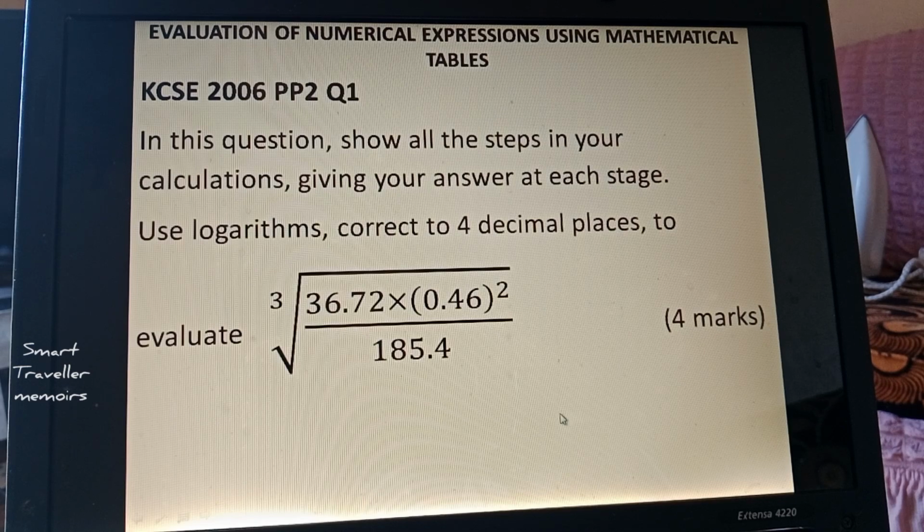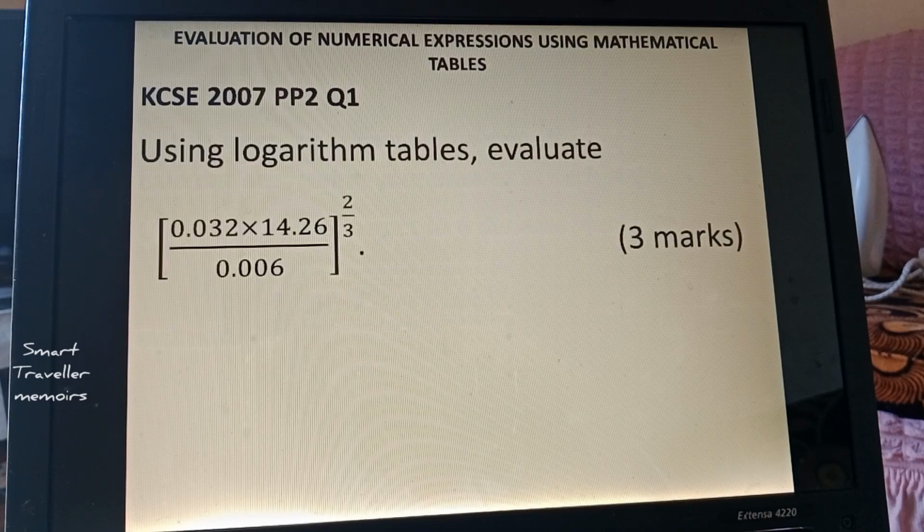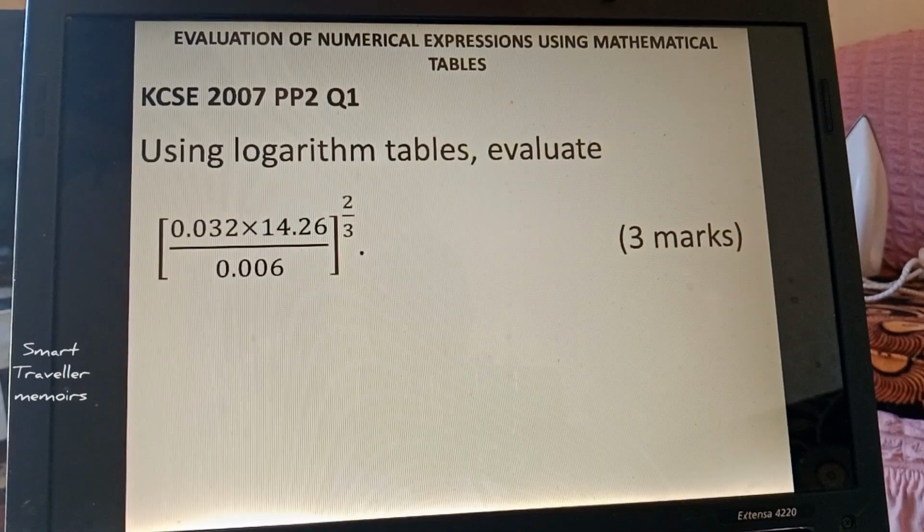No calculators. Show all the steps in your calculations, giving your answer at each stage. Use logarithms correct to 4 decimal places to evaluate that, 4 marks. We will look at how they did it, but you can pause and try it before you look at my working.